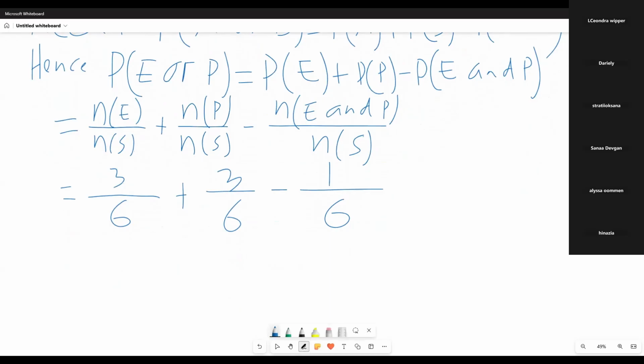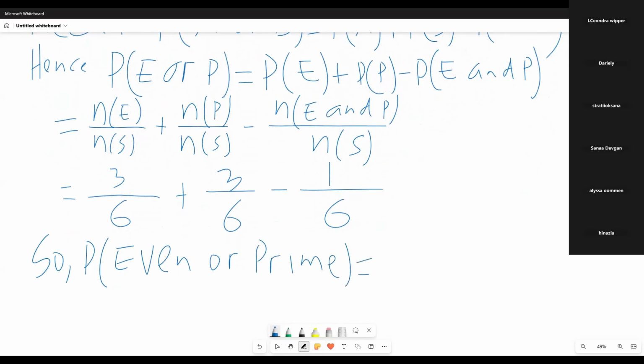So, P of even or prime will be 3 plus 3 minus 1, which is 5, 5 over 6.